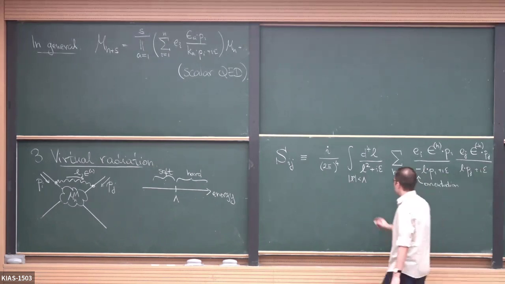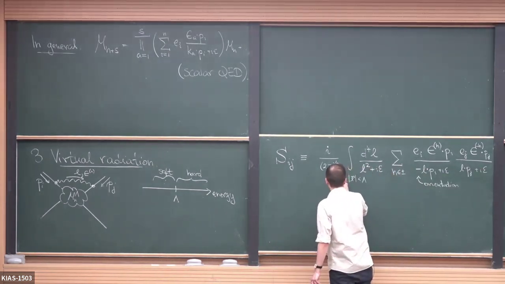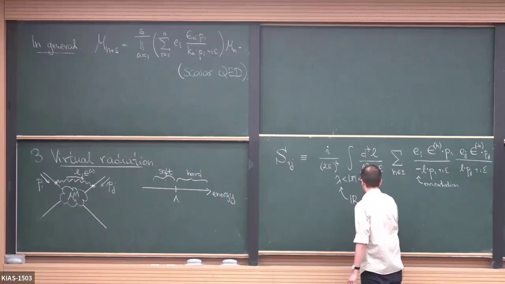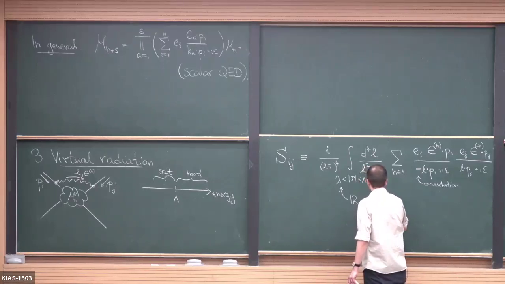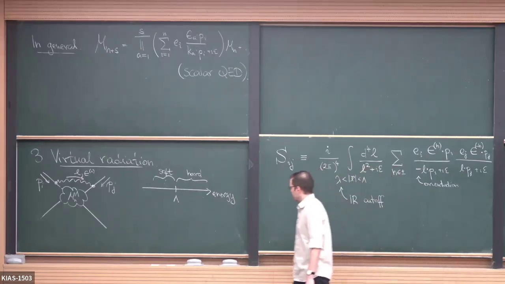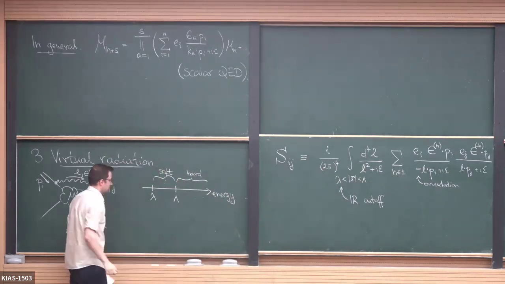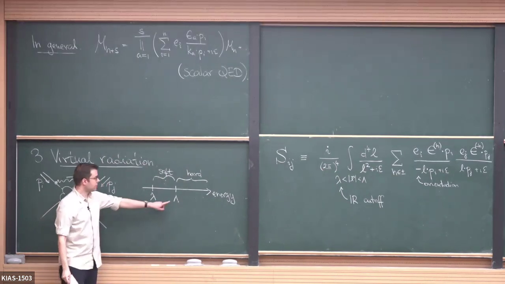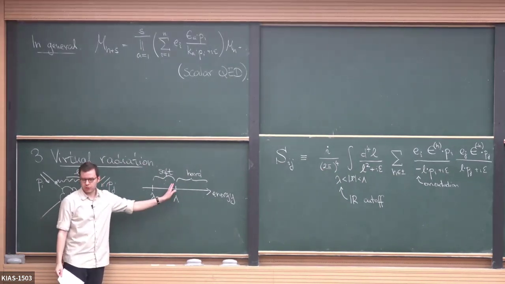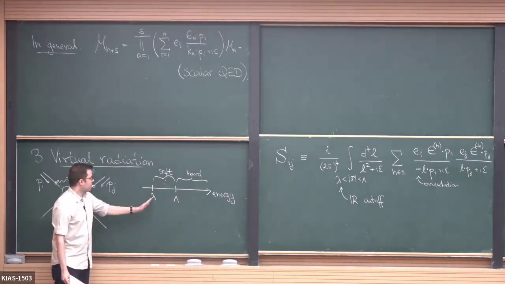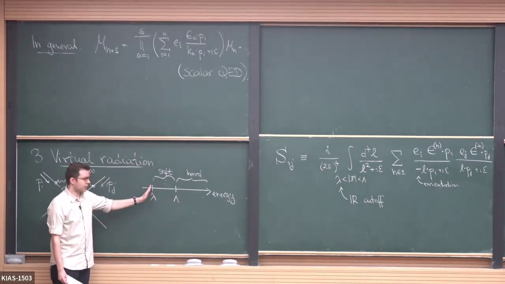Instead, what I have to do is introduce a new cutoff, lowercase lambda, and this is going to be my infrared cutoff. So let me summarize. The capital lambda was just our arbitrary distinction between what I call soft and hard. And now our lowercase lambda is an actual cutoff.